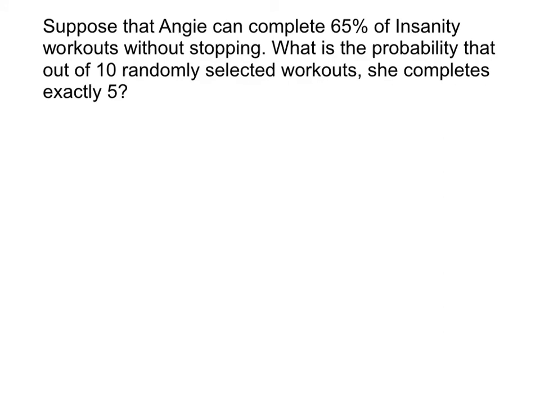Just to try another setup, suppose Angie can complete 65% of Insanity workouts without stopping. Now, we know this is fiction, and that Angie can't complete all of them without stopping, but let's just pretend.